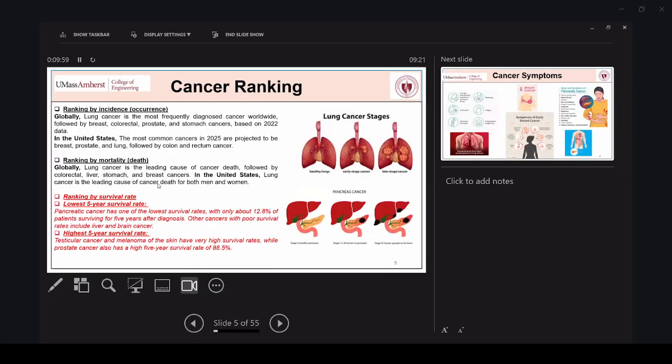Yeah. So as I mentioned previously, lung cancer is the deadliest cancer worldwide. Based on occurrence, globally, lung cancer is the most frequently diagnosed cancer, followed by breast, colorectal, prostate, and stomach cancers, based on 2022 data.